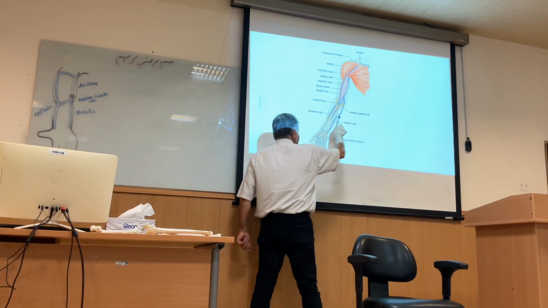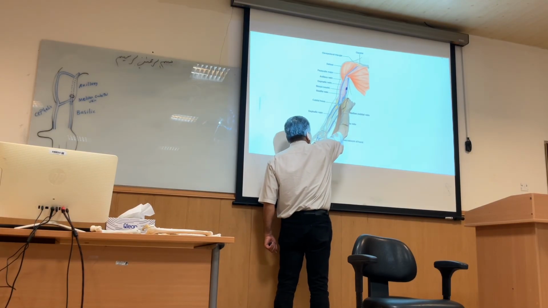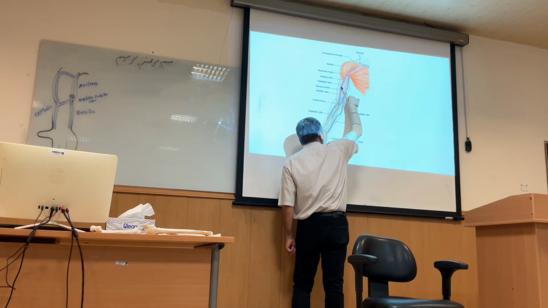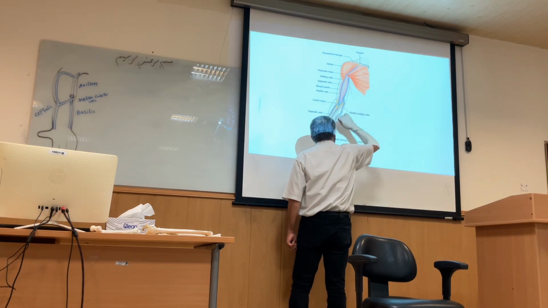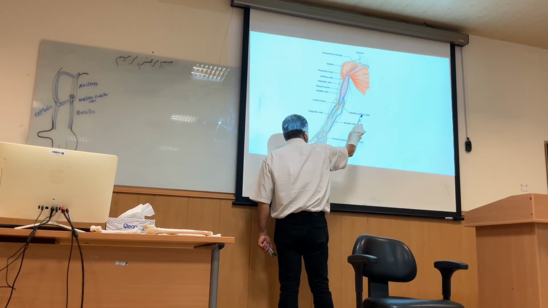Okay? Basilic pierces the deep fascia and is changed to axillary. Cephalic ascends and drains into the axillary. This vein between cephalic and basilic is called median cubital vein.